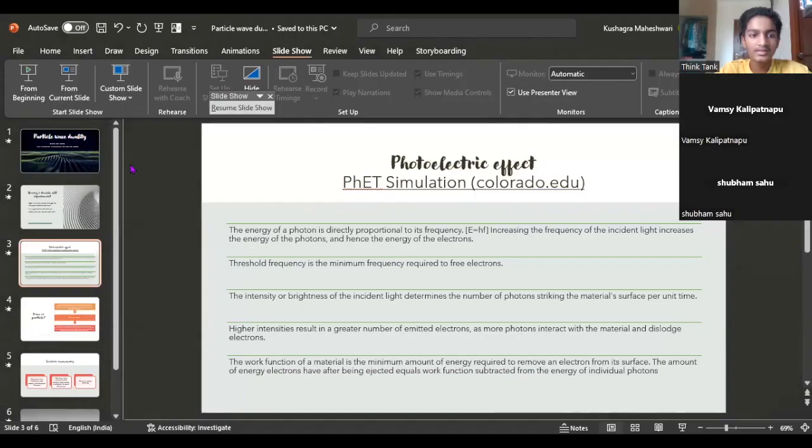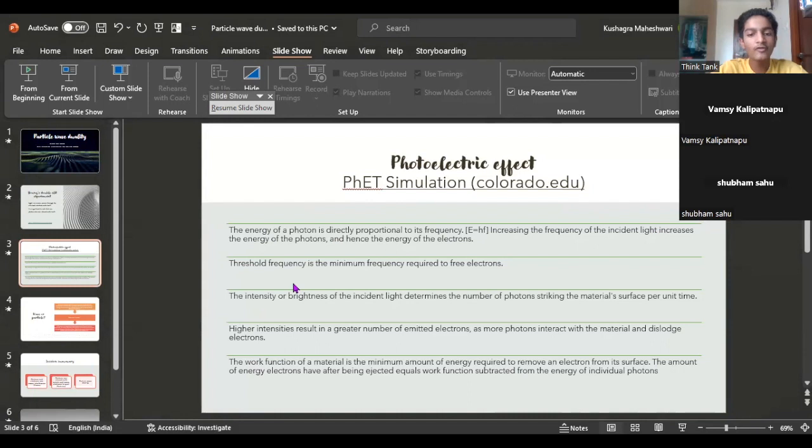Now I'll share my screen again for another experiment, the photoelectric effect phenomenon, to prove that light is nothing but a particle. Before this, I'll give you some basic insight about light itself. According to this theory, light consists of photons, right?